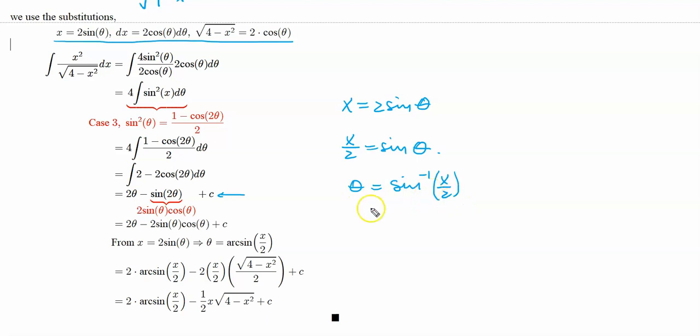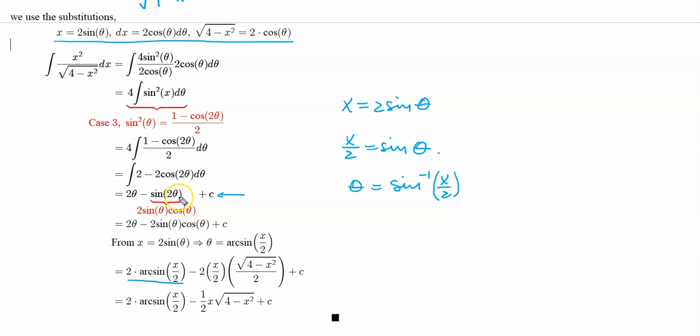That's all we can do. So that is right here. Okay, 2 theta. Theta is the arc sine of x over 2. Now, as far as the sine of 2 theta goes, that's a little problematic. Well, we need to use a trig identity.